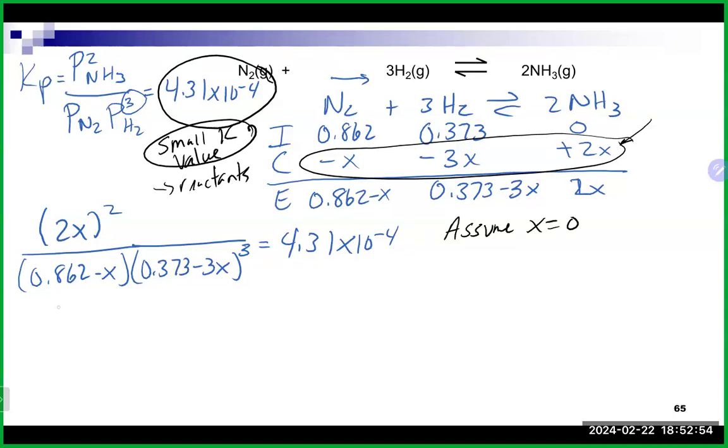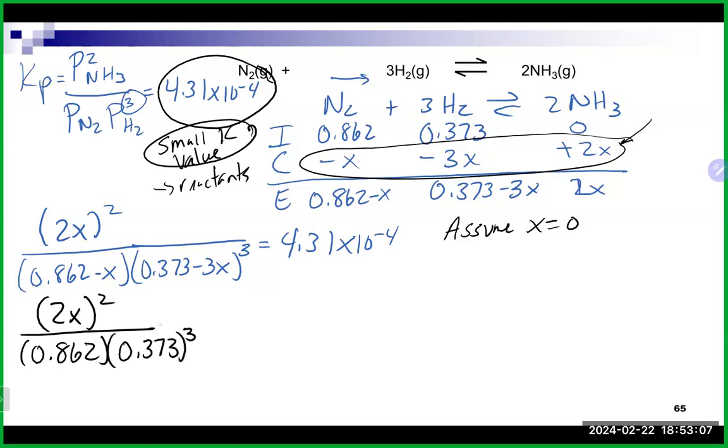So that would reduce this down to 2x squared up on top divided by 0.862 times 0.373 cubed, and that would equal 4.31 times 10 to the minus 4. Now that looks much better to solve than the previous one that we had going on there.